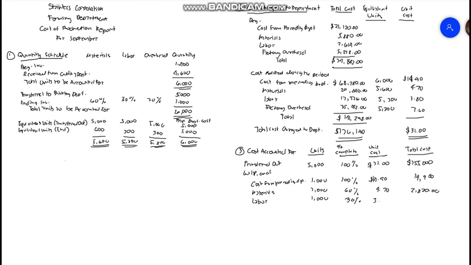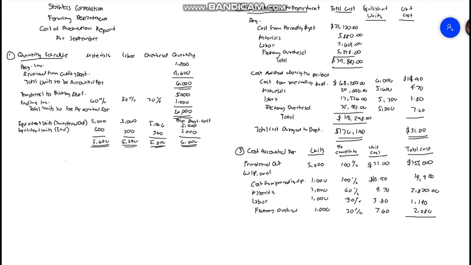Labor is 1,000 at 30%, times 3.80, so multiplying these three items we get 1,140. And factory overhead, you have 1,000 at 30%, and the cost is 7.60.